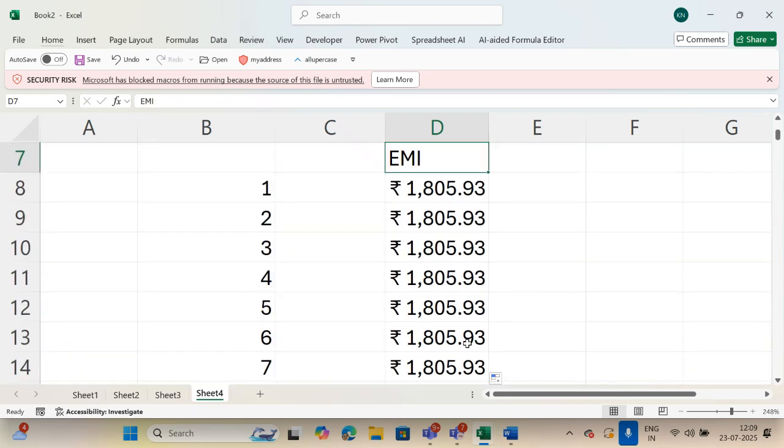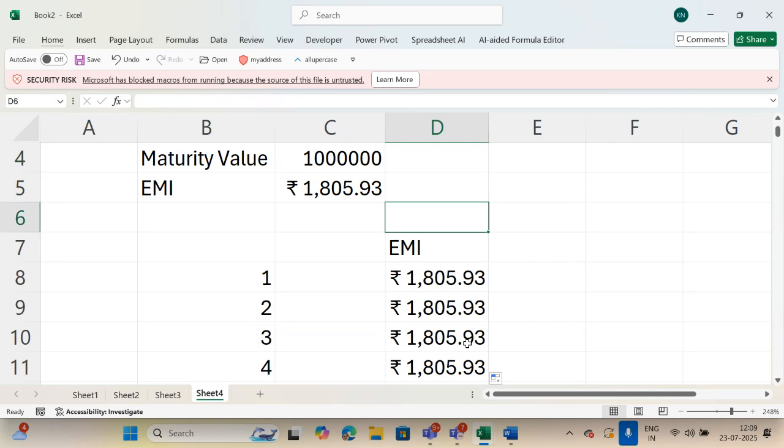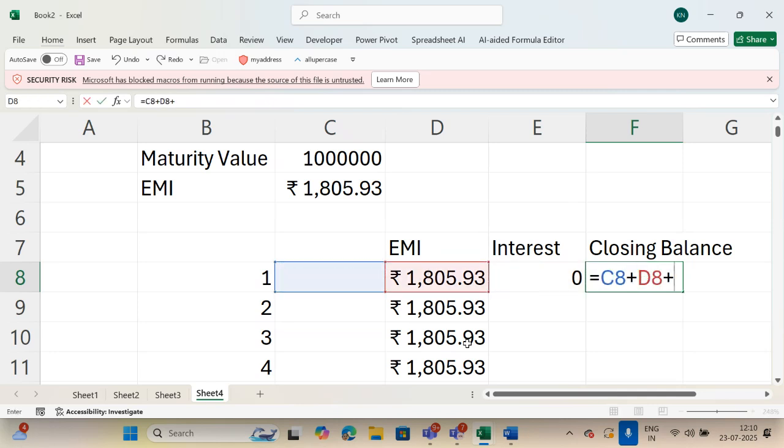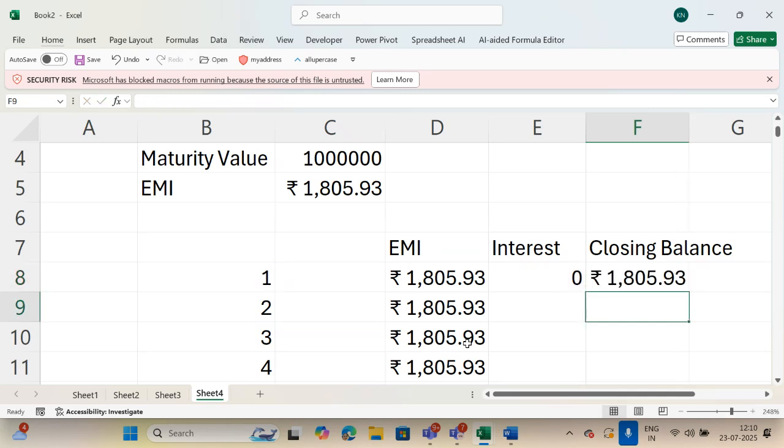Okay, now I need to calculate the interest. Definitely I'll get the interest. So first month, no interest will be there because you are paying at the end of the month. So the principal closing balance is equal to, no opening is there, this plus this.